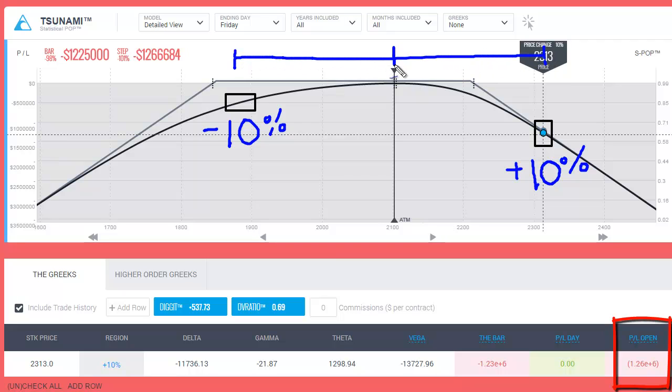And here's your at the money. Then they create little slices, and they check the risk at each of those. So they correspond with the day step line like this.